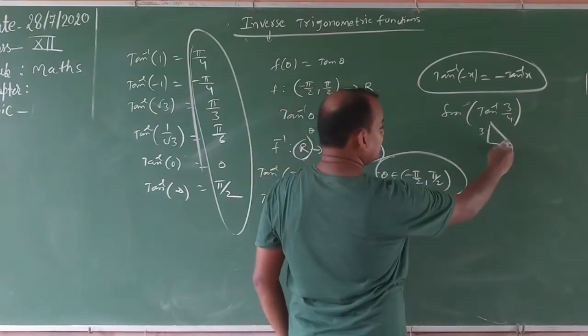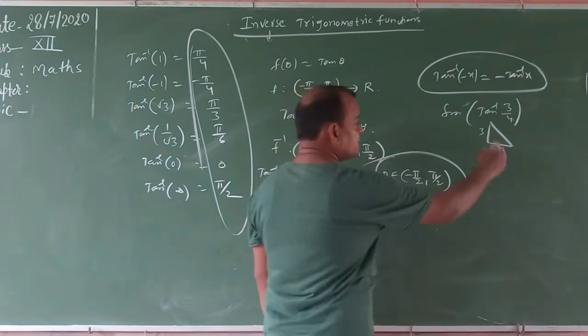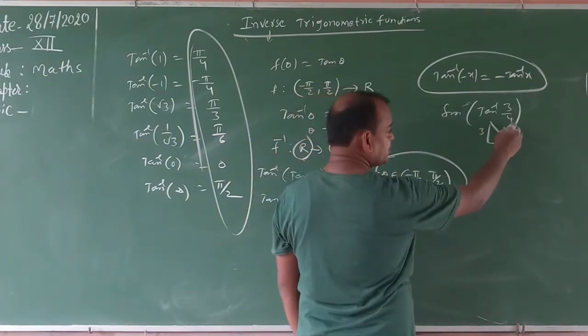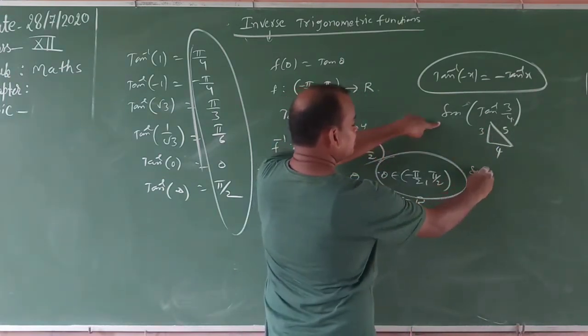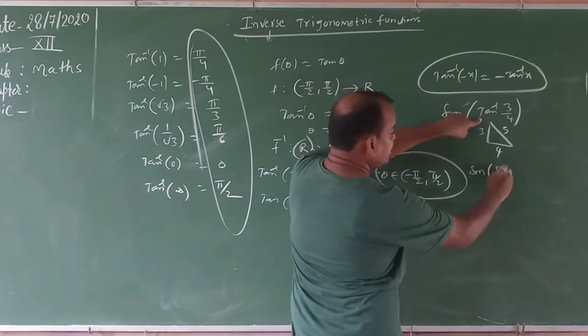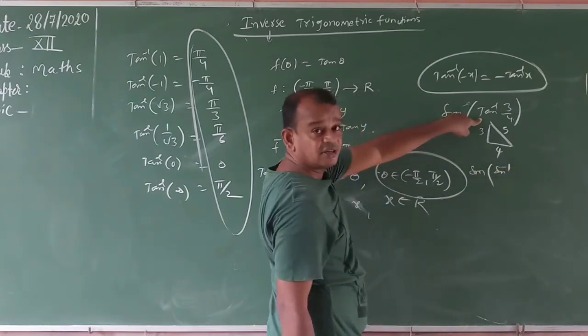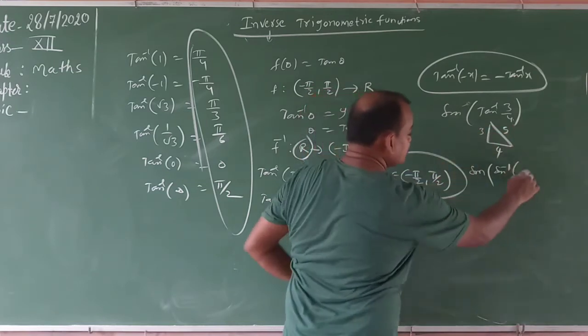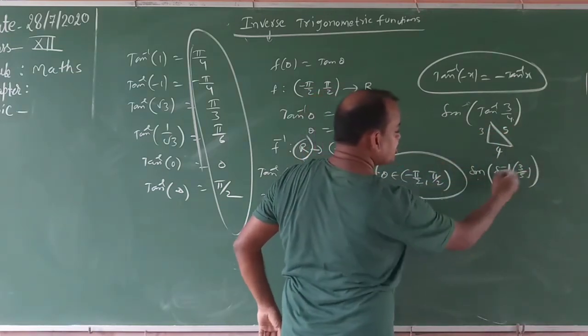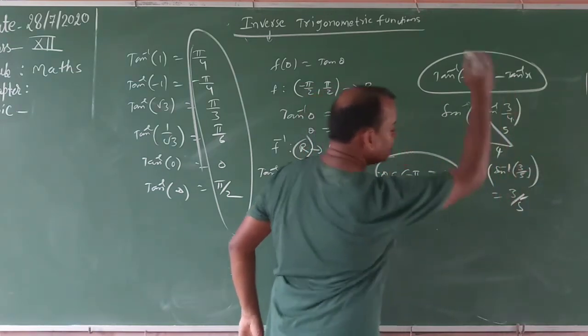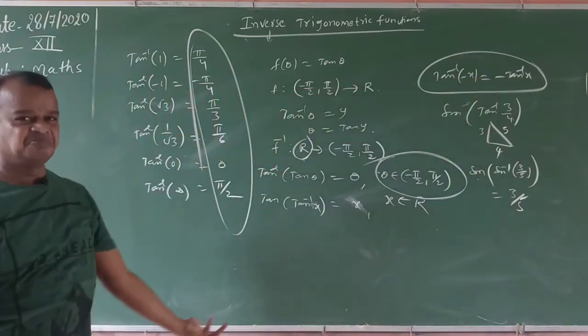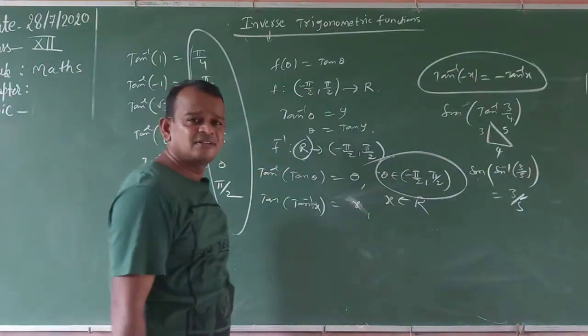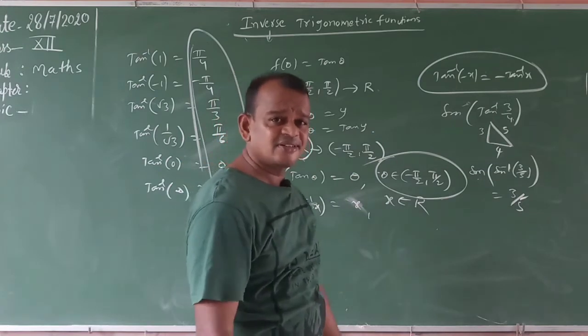This is 3, this is 4, so 9 plus 16 is 25, which means 5. Now sine is opposite side by hypotenuse, so 3 by 5. Sine inverse cancels. The answer is 3 by 5. Very, very simple answers. Say yes or no? Yes.